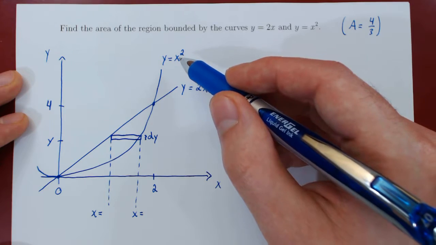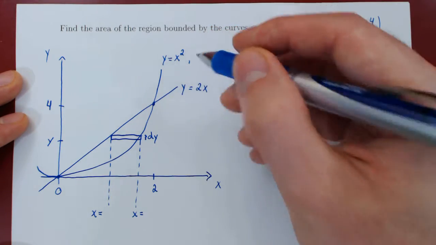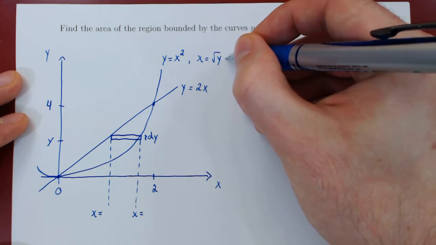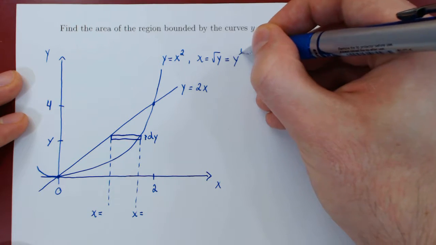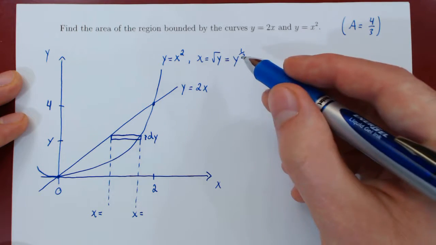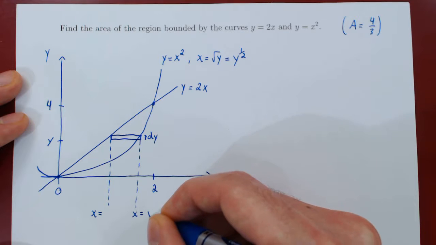So if we isolate x in terms of y, of course we take the square root of both sides, and so x is simply root of y. Thinking of integration, we will write this as y to the power of 1 over 2. So we have the x value in terms of y for the right-hand point of our rectangle.